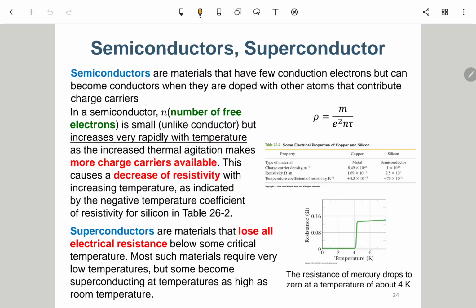MOS or CMOS are widely used for digital circuits and also some analog circuits, and we still use silicon.